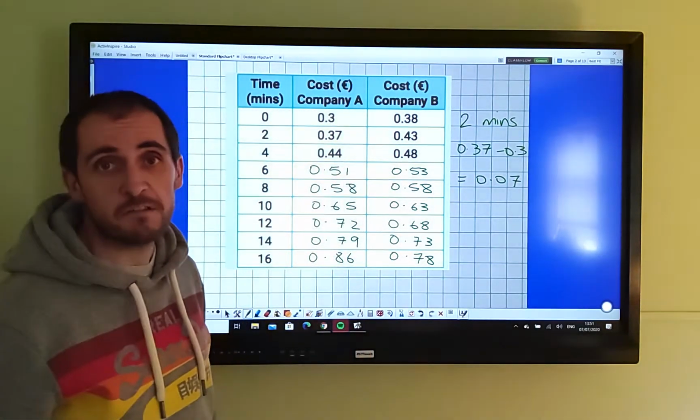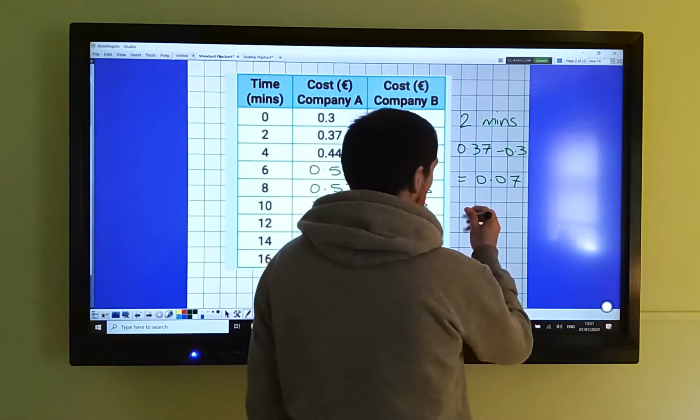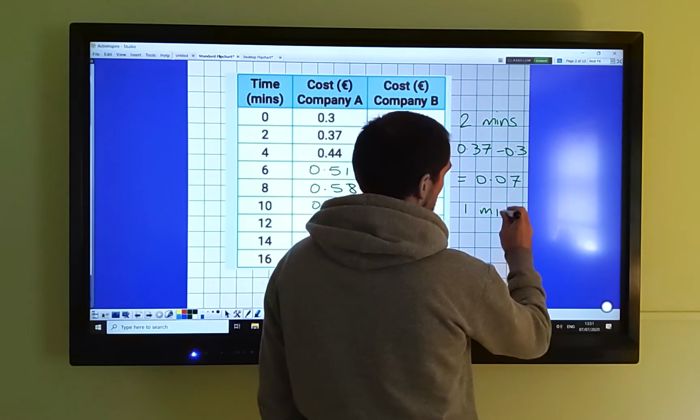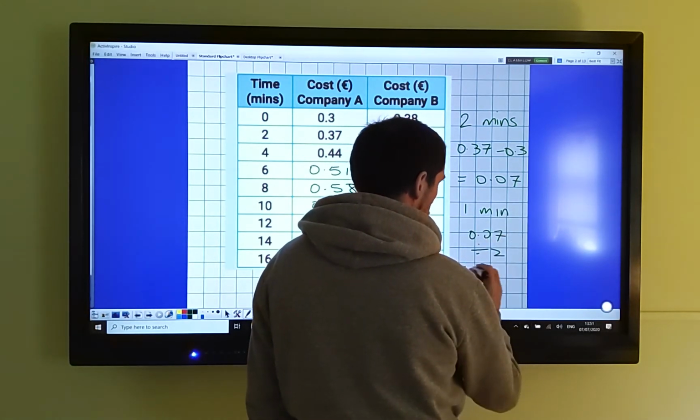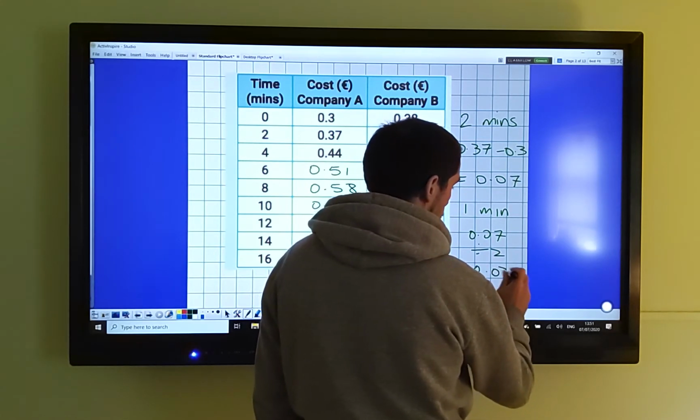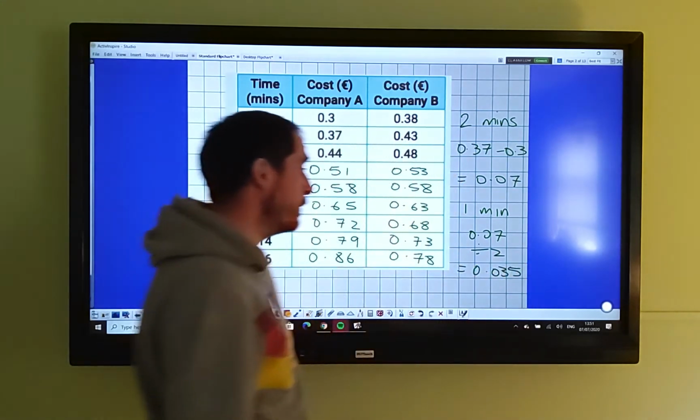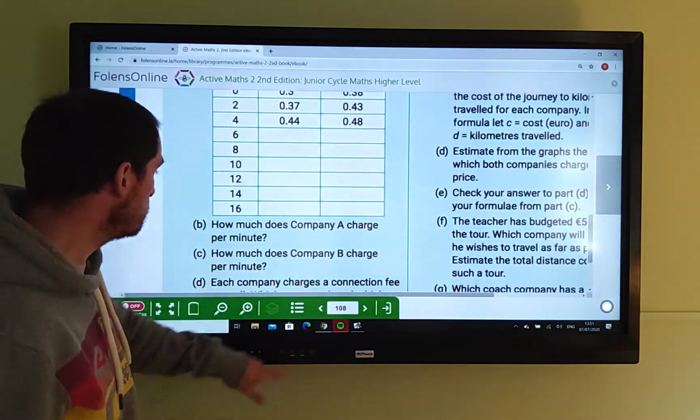So 7 cents. Okay, that's for 2 minutes. So for 1 minute, it would be 7 cents divided by 2, which is equal to 0.035 or 3.5 cents per minute. So that's for company A.